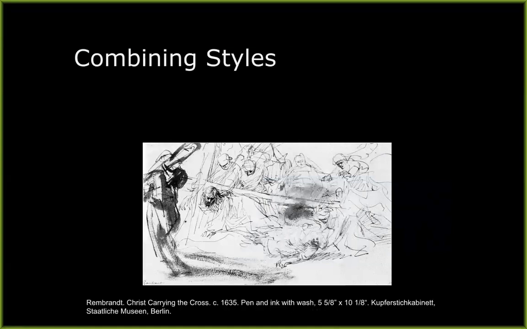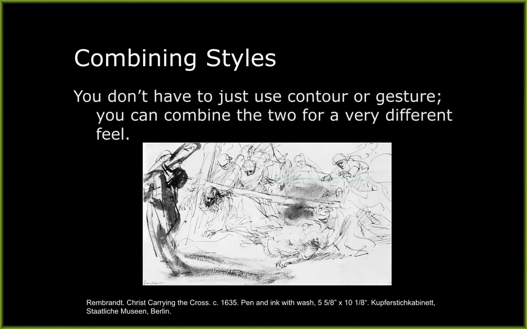And you've got some really squiggly, loose lines that indicate action or movement. And then you have a few more carefully drawn elements like Jesus's face that are also done in a gesture and contour style. So both can be combined in any drawing.